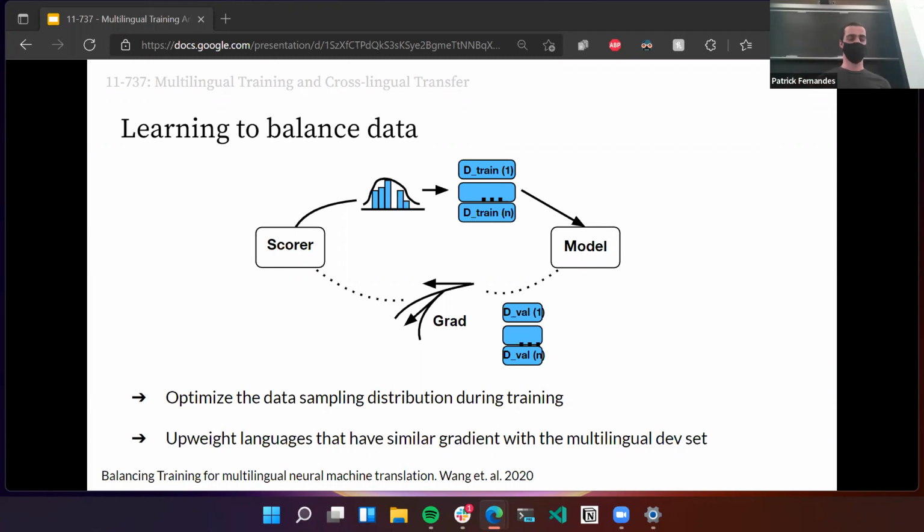I'm going to disagree with Patrick and say meta learning is not fuzzy, and this is definitely meta learning. Basically, meta learning is learning something that you use at training time and then throw away at test time. And here, what you're doing is you're learning which data you're going to use, or which balancing of data you're going to use to optimize the performance on the language or languages that you're interested in.